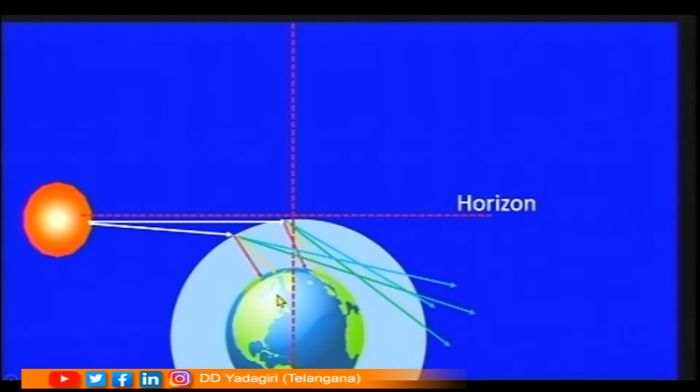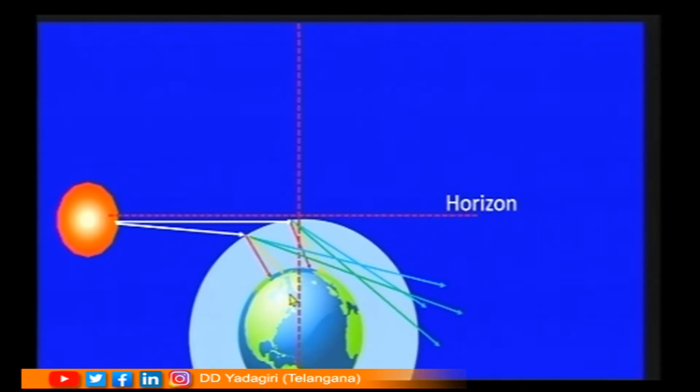So we are receiving only the red region wavelengths, that's why the sun appears red in color, and the remaining colors escape from the atmosphere. They are also scattered, but they do not reach our eye. They escape from the atmosphere. Due to this reason, we are not able to see those colors. We are only able to see the range of red and orange. That's why the sun appears red.